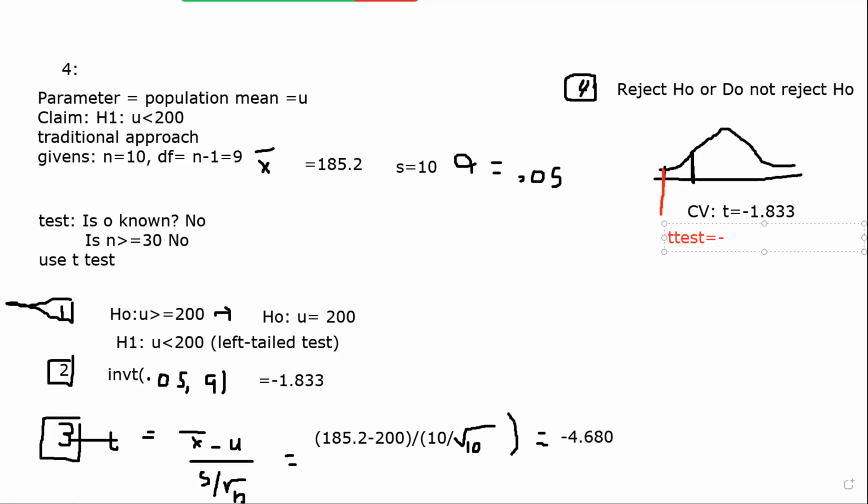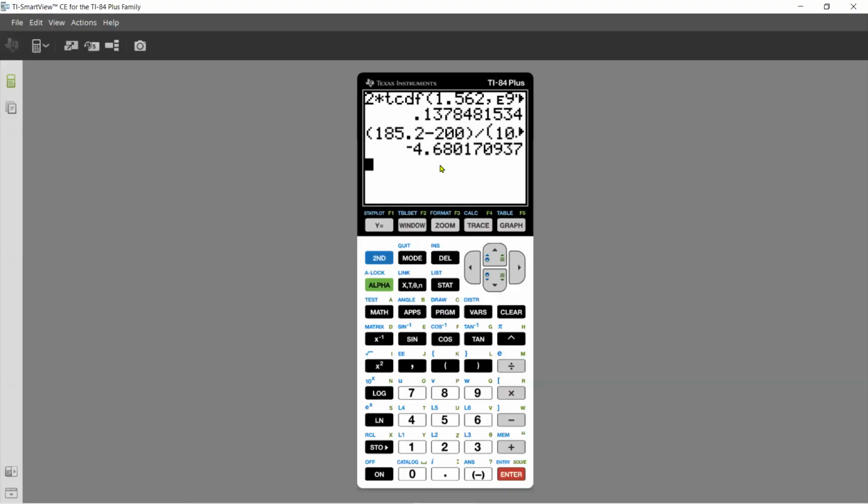This is negative 4.680. Where'd you get that from? From the calculator. Remember? Oh, yeah. We went here. This is coming from here. The test statistic comes from the actual givens. The critical values come from the alpha. All right.